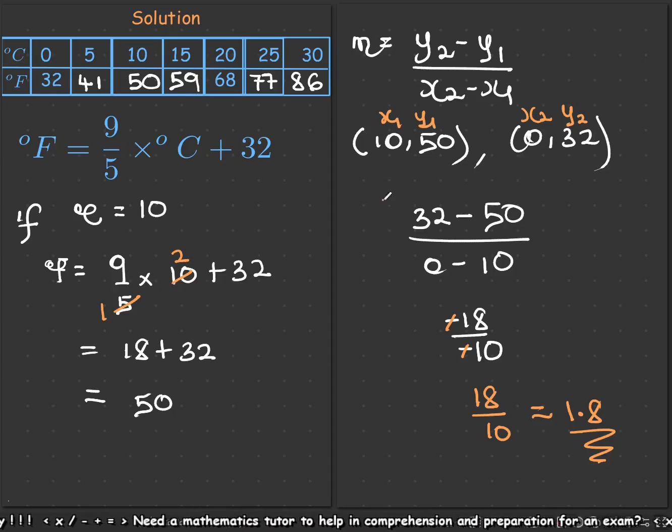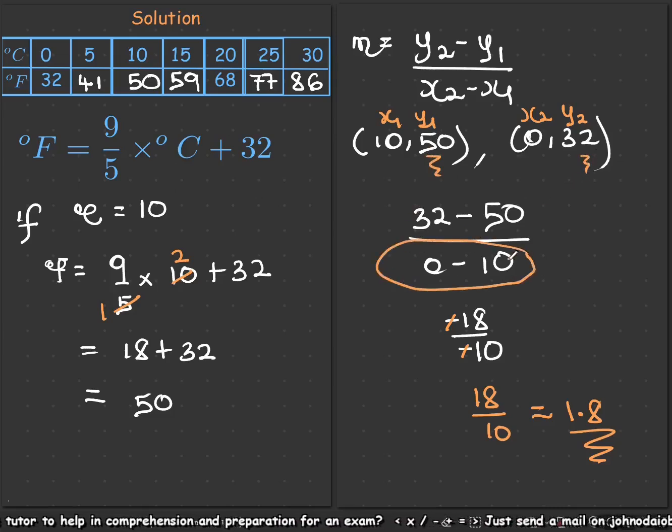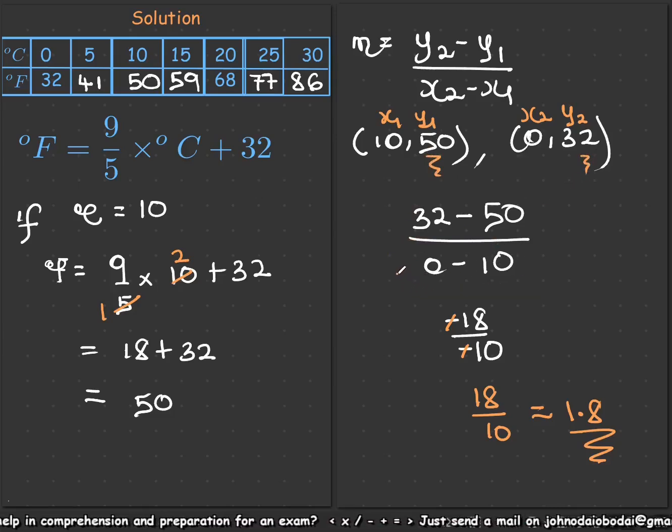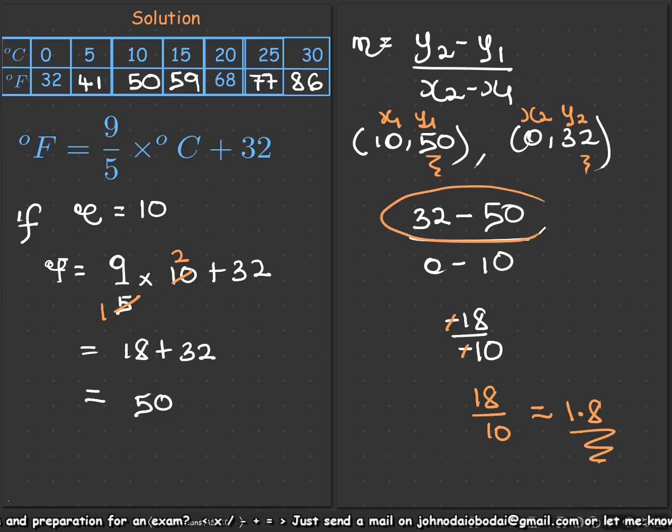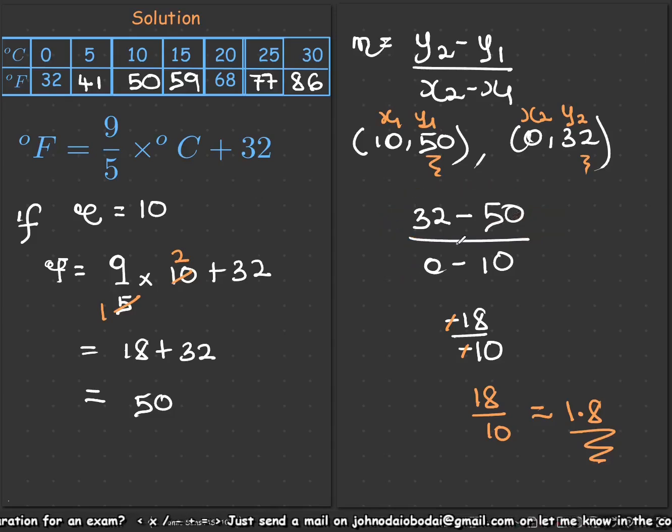So this one here was from the Fahrenheit, whilst that of the denominator was the degree Celsius. So what it means is the rate of change of the Fahrenheit due to change in degree Celsius is 1.8.